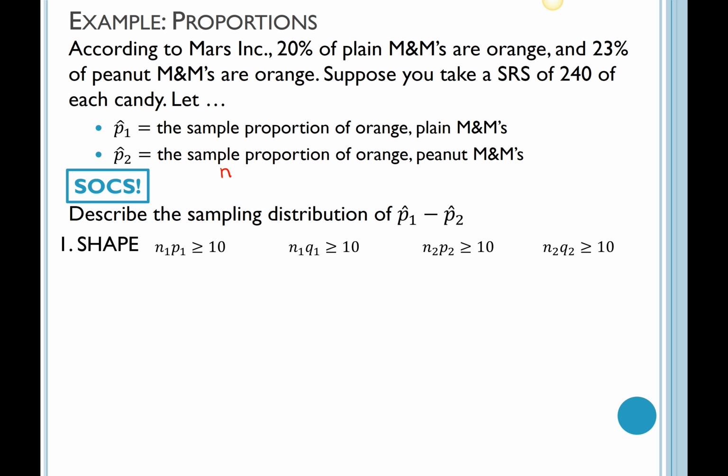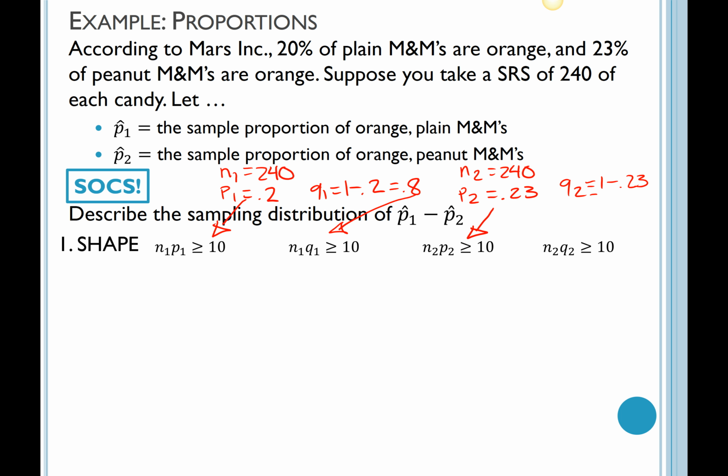Our sample size n1 is 240, and p1 is 0.2. Remember that q1 is 1 minus 0.2, which is 0.8. Similarly, n2 is 240, where p2 is 0.23, and q2 is 1 minus 0.23, which is 0.77.